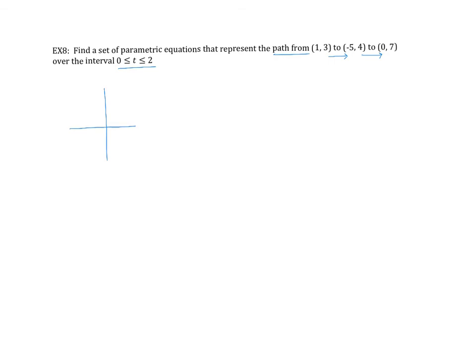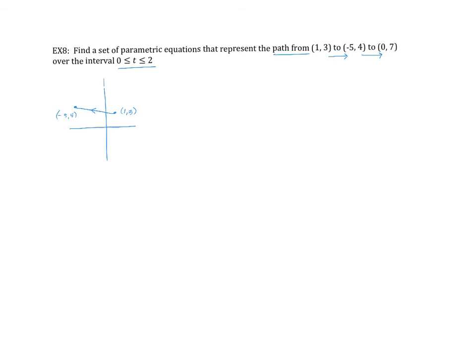So if I start at the point 1, 3, I'm just going to do a sketch, so it's probably going to be about here somewhere. And then I'm going to go to -5, 4, and it's going to be traveling to the left. From -5, 4, I'm going to go to 0, 7.